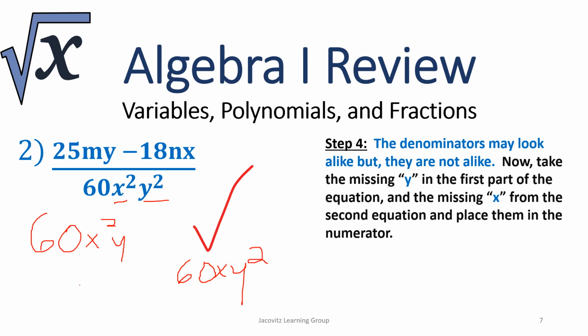You're really adding the powers. And if you forget the powers rule, just remember you were missing a y with the square here, so you took it up. The same thing over here, you were missing an x with the square, so you took it up. That's all you did, and then you kept your common denominator the same. Download this if you want, because this is a hard concept, and if you're on the SAT or on a test and you miss these small little things, the whole problem's wrong, as unfair as that is.